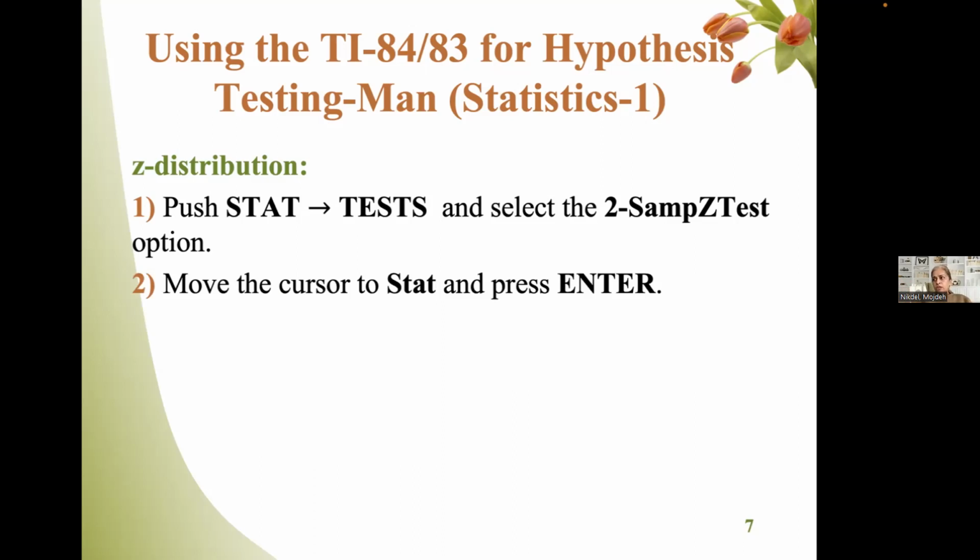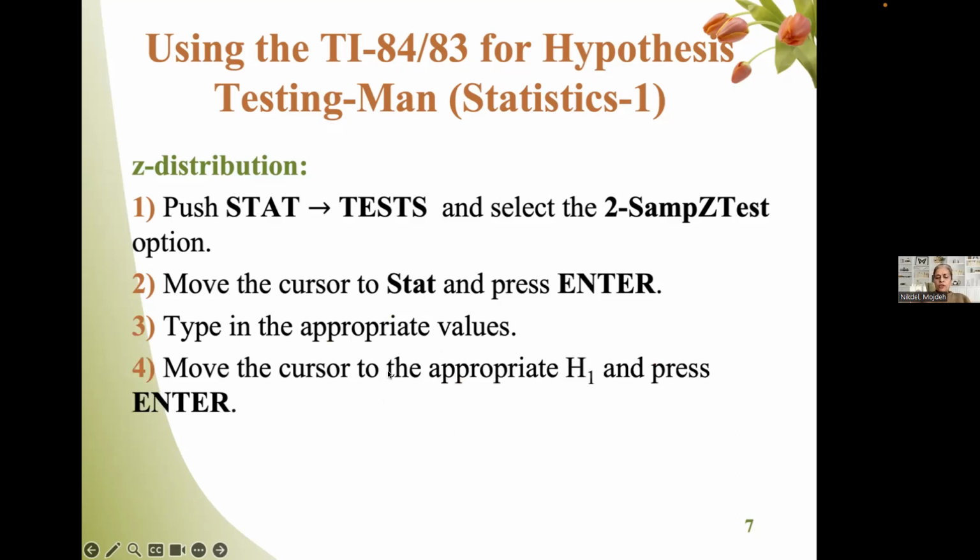Then for the second population, I give you the same: mean, standard deviation, and sample size. So you choose stat because I have given you statistics. You move the cursor to stat, press enter. Type in the appropriate values, whatever I have given you. This is when I have given you statistics.